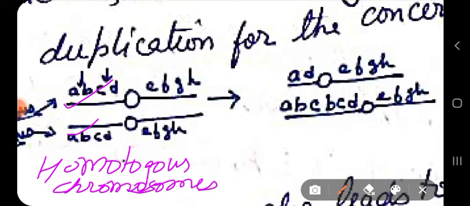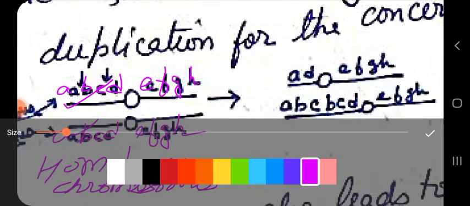It's a simplified diagram having the sequence A, B, C, D on one hand, and on the other hand E, F, G, H. The homologous chromosome will obviously be the same here also, A, B, C, D, E, F, G, H. Now what happened, according to the theory, due to chromosome breakage, breakage occurs within the homologous chromosome.